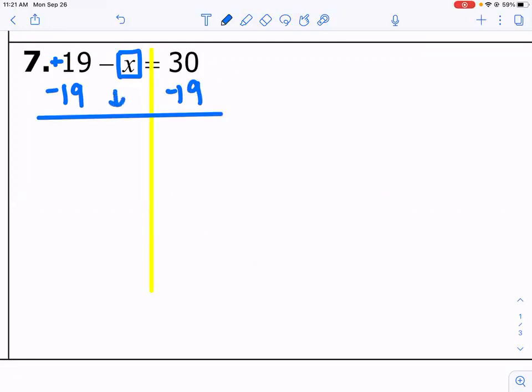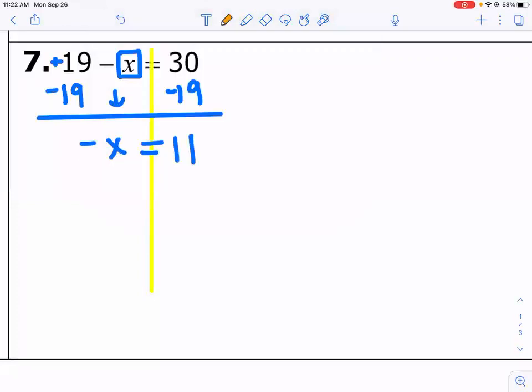Okay. So 19 minus 19 is 0. I'm not going to write 0. We still have that minus X. If you do not bring that minus down, you are getting the problem wrong. 30 minus 19? 11. Okay. Are we done with the problem? No. Remember, you had a problem like this on Friday's homework.